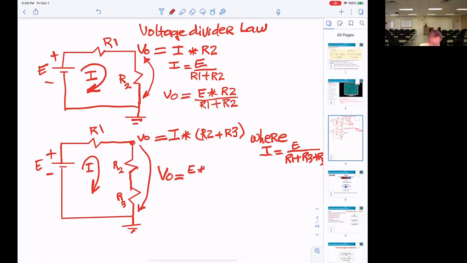Perfect. V times R2 plus R3, divided by total. That is what we call voltage divider law.